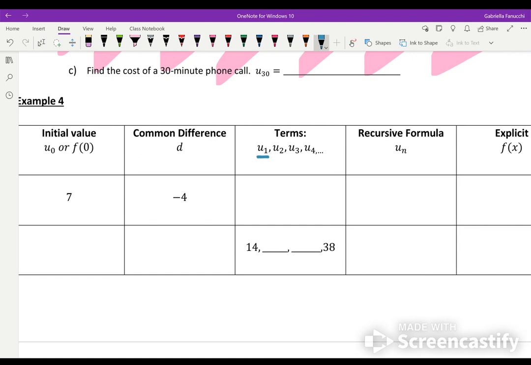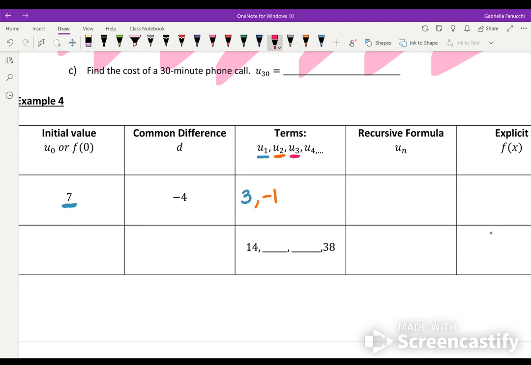It's starting at 7. This is u sub 0. So you should not write 7 as one of the four terms, this is the term we need to start with. So the first term: if we're subtracting 4, 7 minus 4 is going to be 3. That is u sub 1. U sub 2, the second term, subtract 4, that is negative 1.